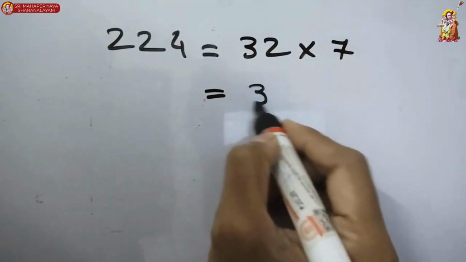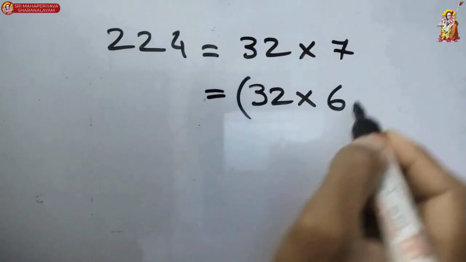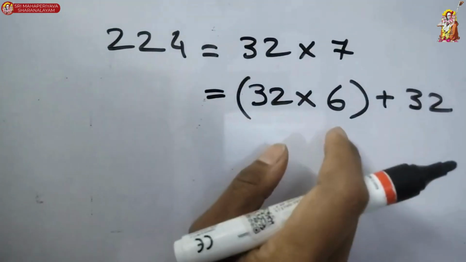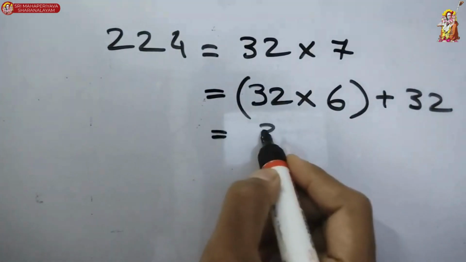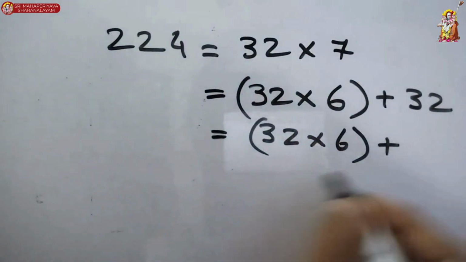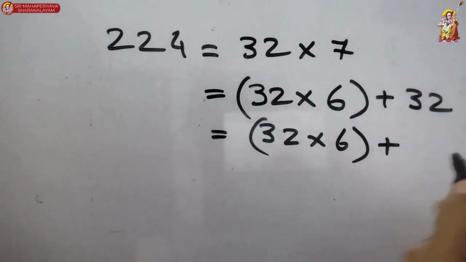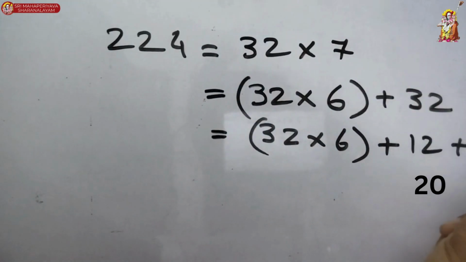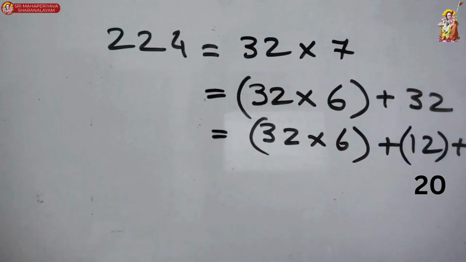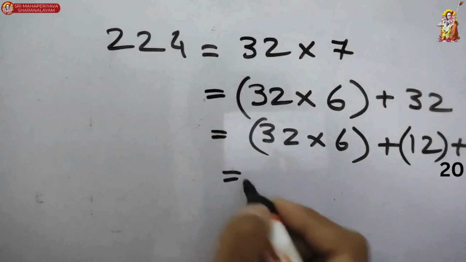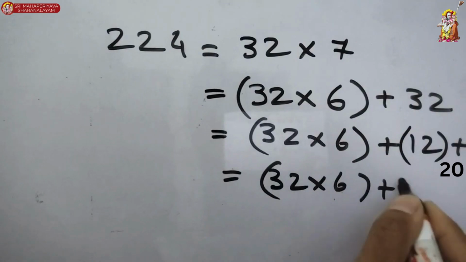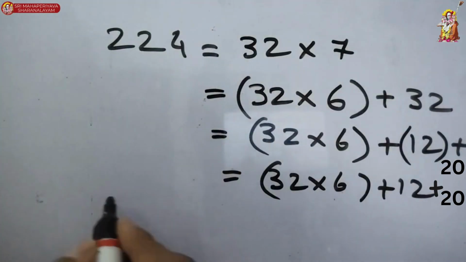So in this case we can split it as 32 into 6 plus 32, and then we split 32 as 12 plus 20 because it leaves a remainder of 12. Again 32 into 6 plus 12, and you bring 20 to this side.